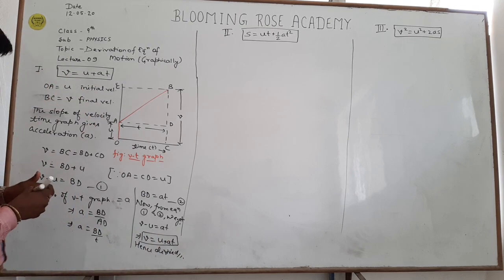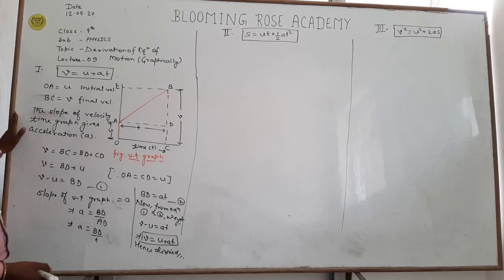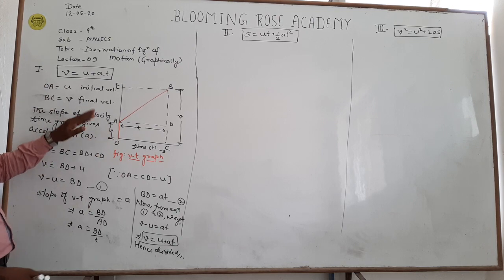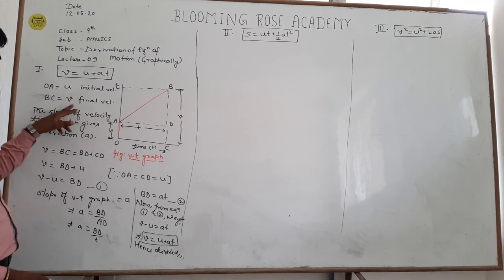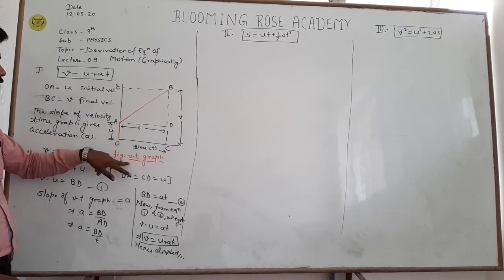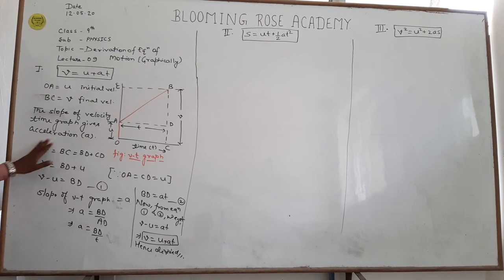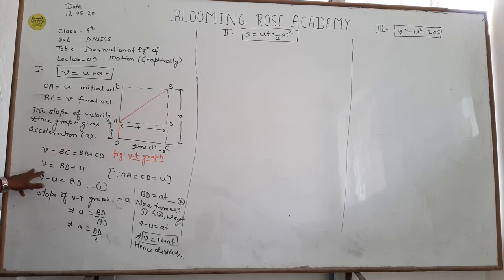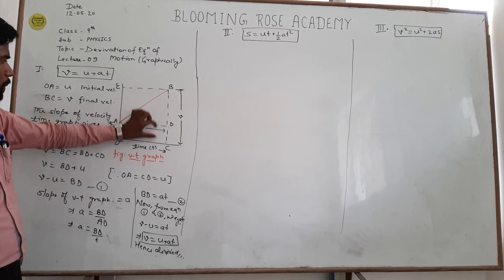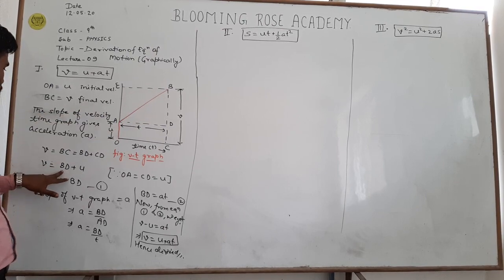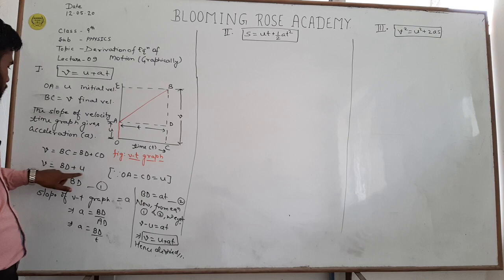So here by following the graph we have proved the first equation of motion. Here we have supposed OA is equal to initial velocity u and BC is equal to final velocity v, and the slope of the VT graph, the velocity time graph, gives us acceleration. Here v is equal to BC, meaning BD plus CD. We have to calculate BD, and in place of CD we have put u.